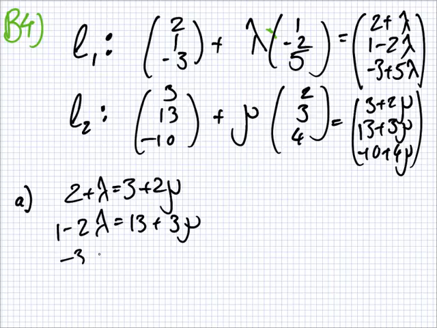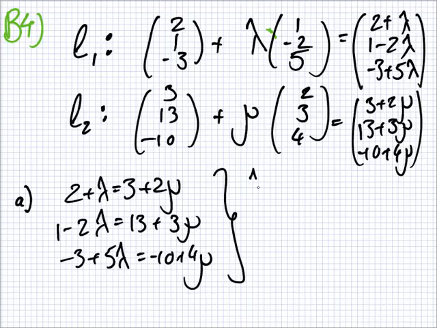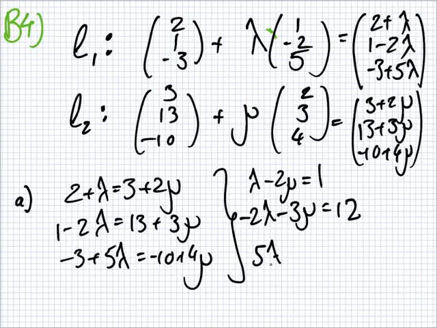And minus 3 plus 5 lambda must equal minus 10 plus 4 mu. So I can clean this up a bit. I can get lambda minus 2 mu must equal 1. Minus 2 lambda minus 3 mu must equal 12. And then 5 lambda minus 4 mu must equal minus 7.